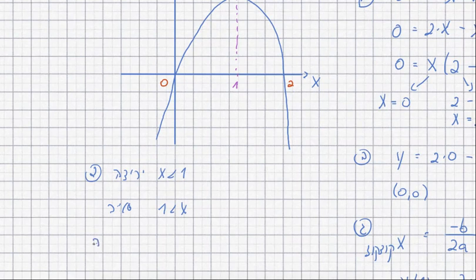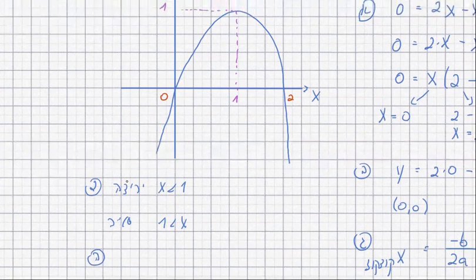Now, this is another stupid question. They ask you to find תחומי חיוביות ושליליות. Now, חיובי is everything that is above the x-axis, because then its y is on the plus side, so its y is positive. And everything underneath the x-axis is negative because its y is negative.